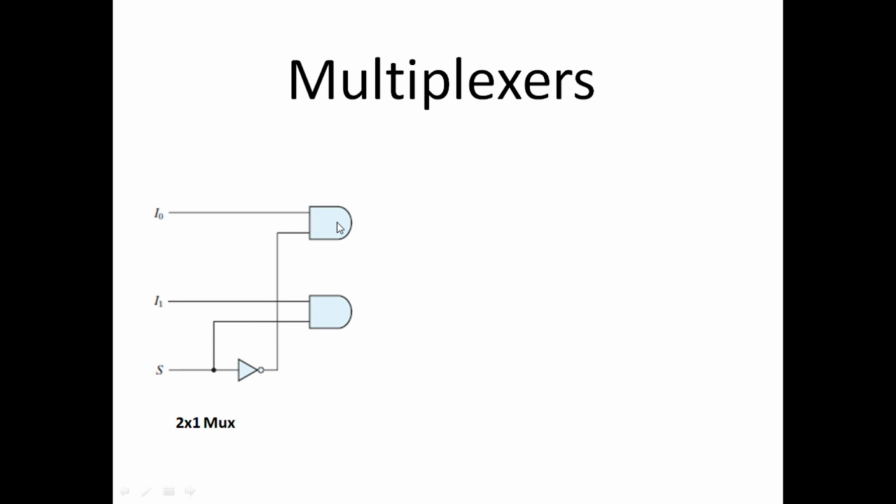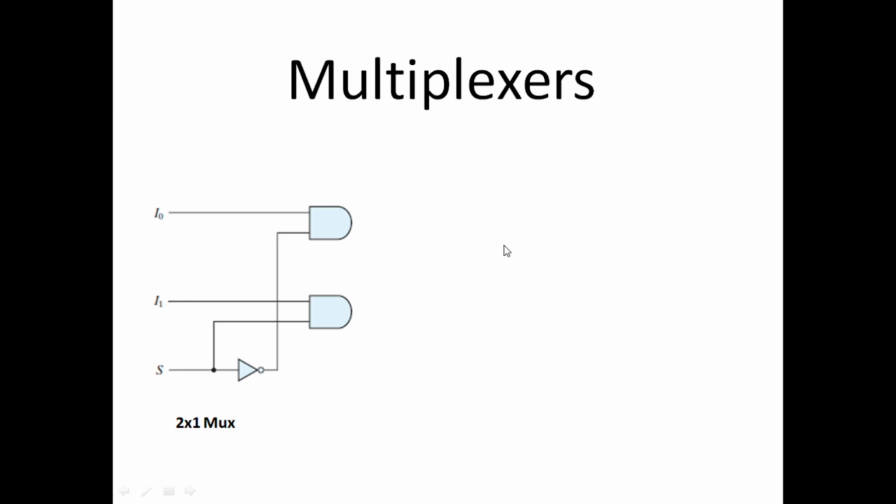So I0 is connected to the first AND gate, I1 is connected to the second AND gate. These are the two inputs, and we should have a single output, and we should control how we can connect either of these inputs to that single output.